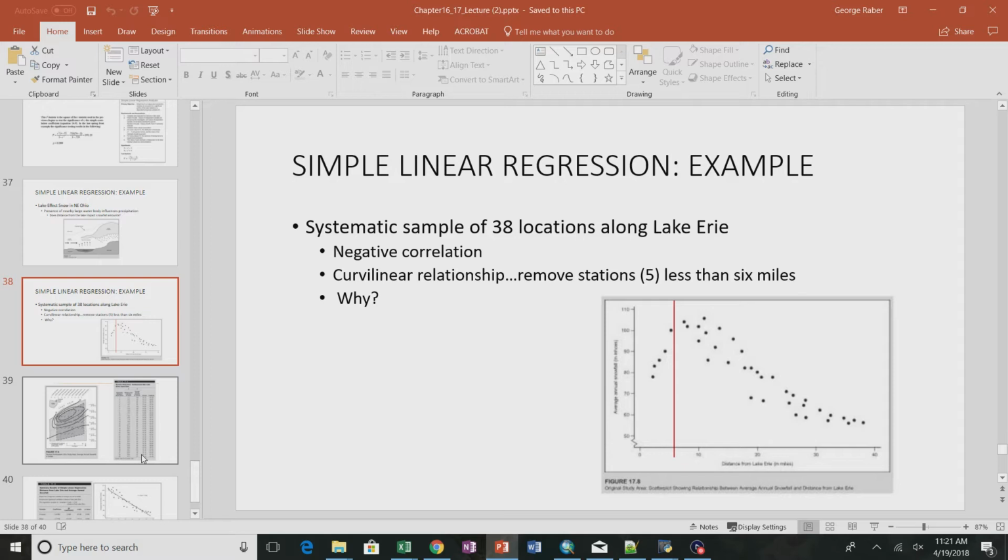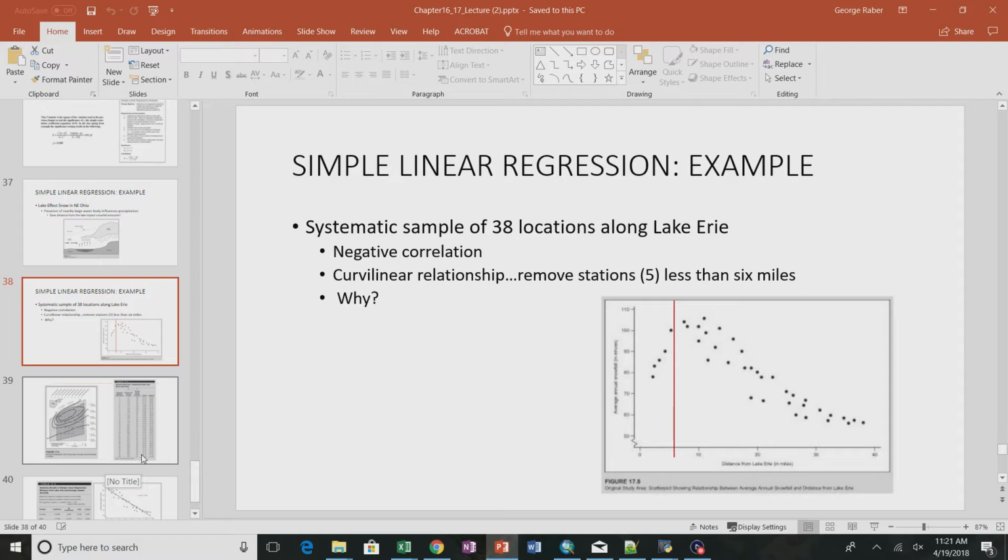Maybe the clouds haven't gotten heavy enough, so the snowfall is actually inversely related right next to the lake. But only about 6 miles away from the lake, there's a very nice pattern. It's a lot of snowfall and it's falling off gradually.